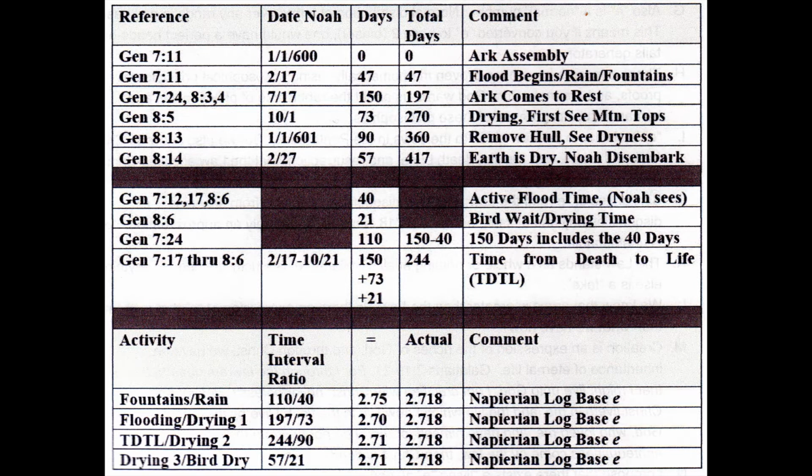If you take the 197 days from the first day of that year of the flood till when the ark comes to rest, and then you divide that by the 73 days from when the ark comes to rest to the first mountaintops, 197 divided by 73 is 2.70, which compares to the 2.718 approximation of e.